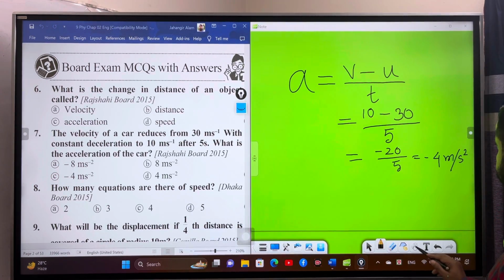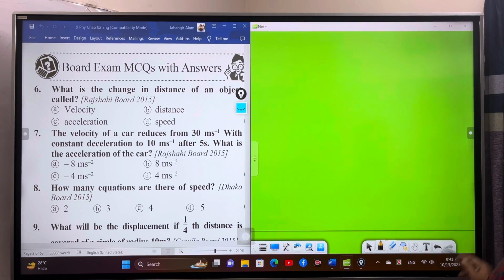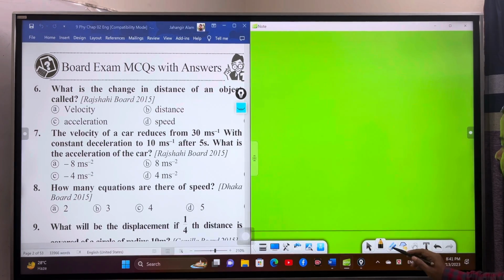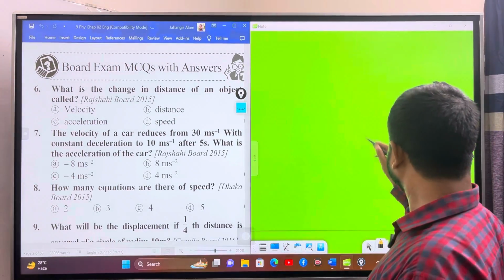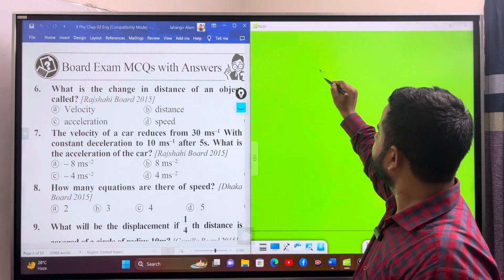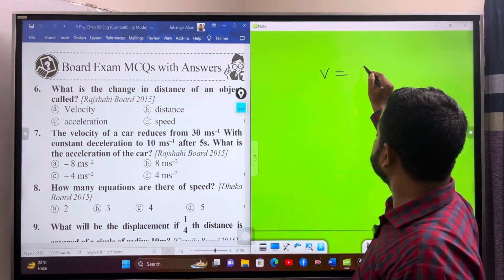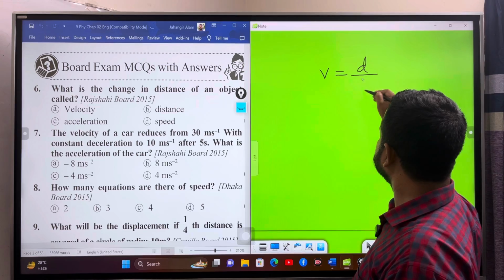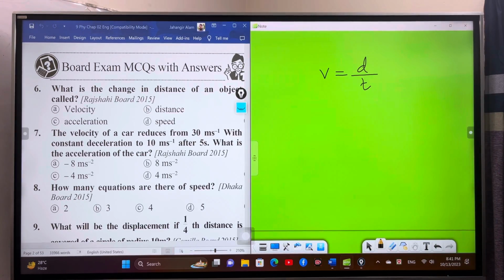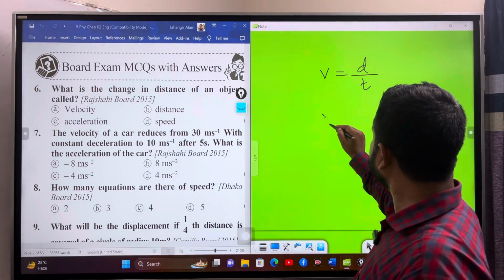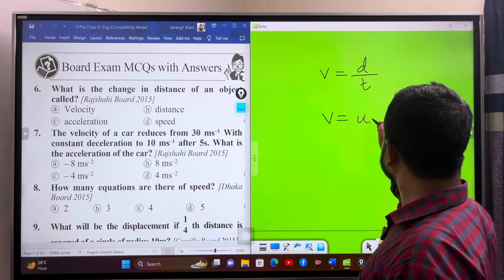Now next one. How many equations are there of speed? We know V equals distance divided by time, and V equals U plus AT.